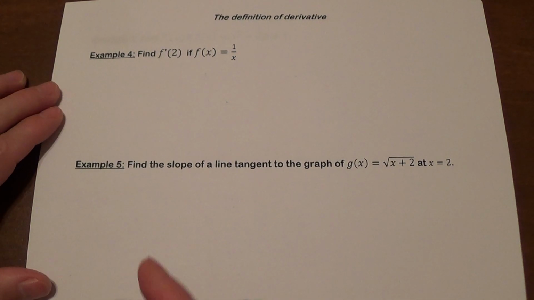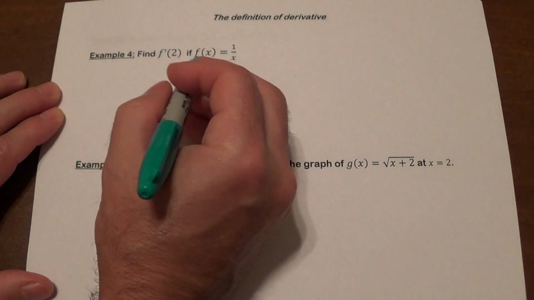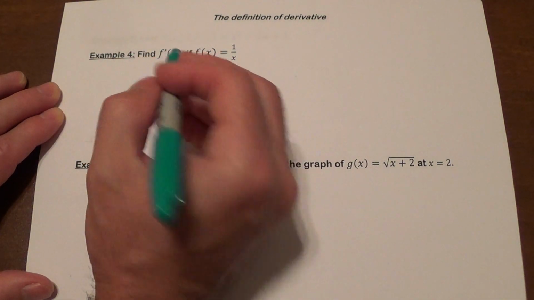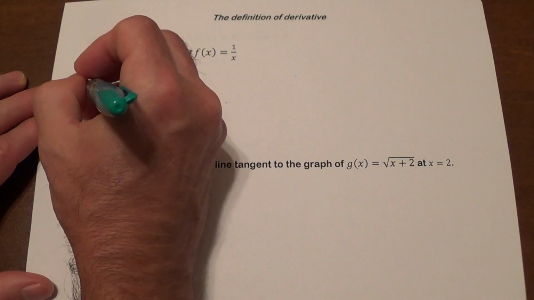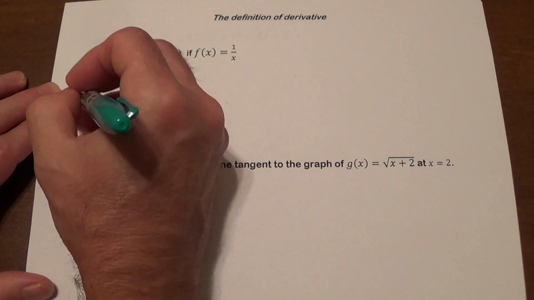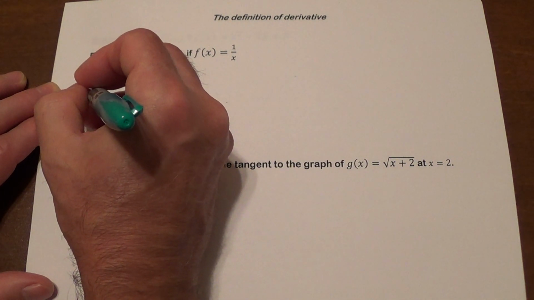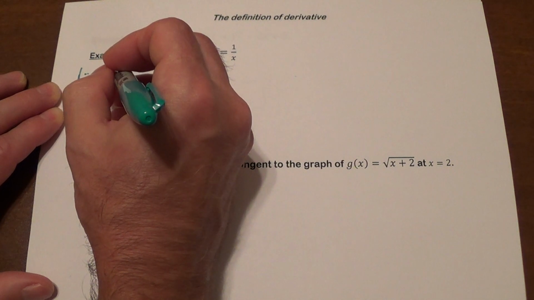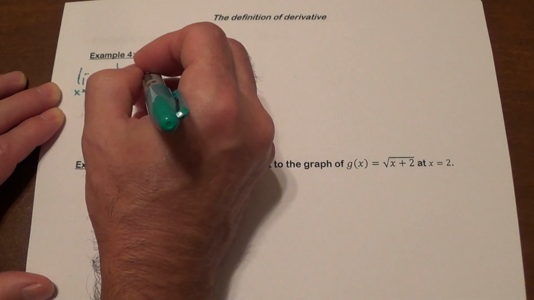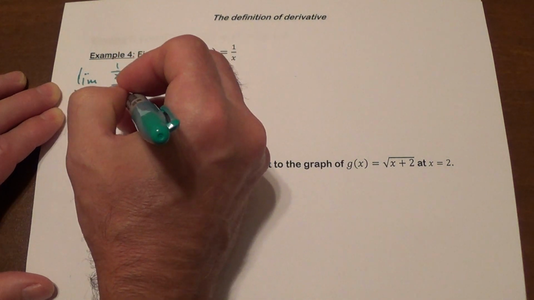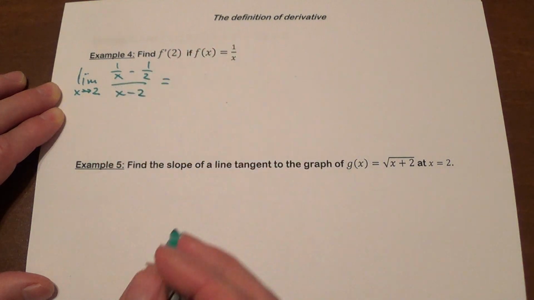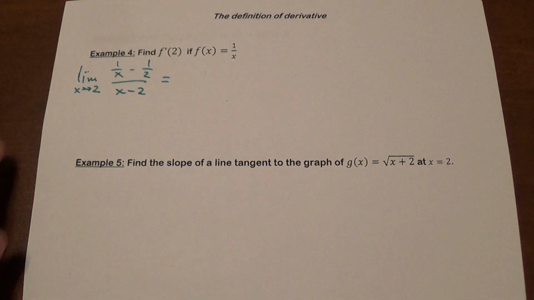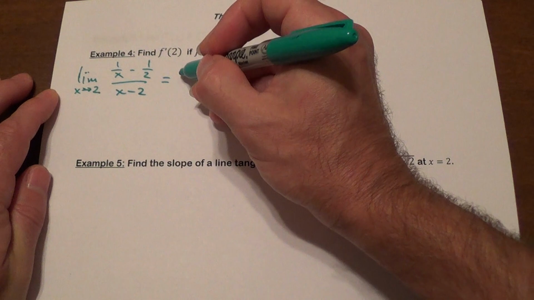So this expression here, the function is 1 over x, find f prime of 2. So the limit as x approaches 2 of 1 over x minus 1 over 2 divided by x minus 2. We do have to work with that complex fraction a little bit.